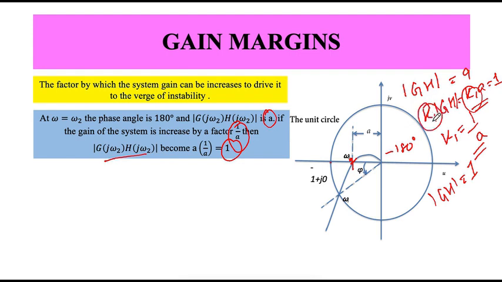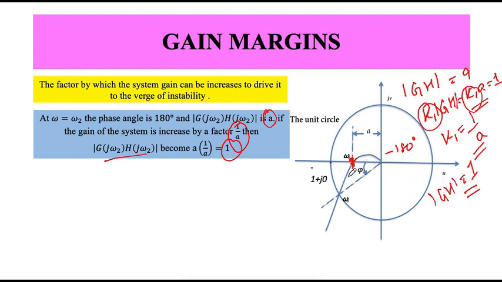So what is gain margin? This is 1, so how far am I? I am at 1 minus A, because gain comes as a multiplicative factor.